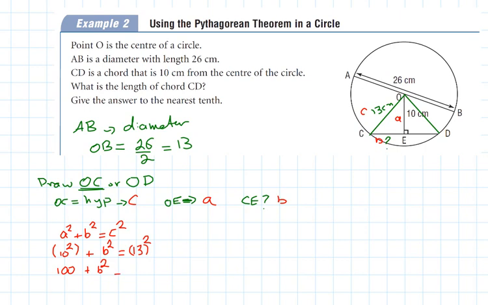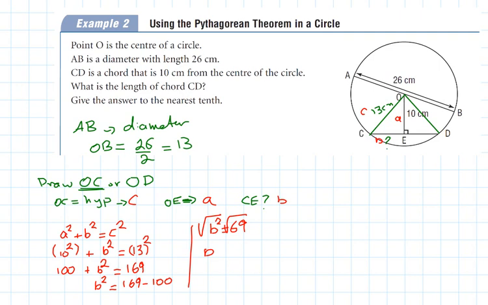Always use a calculator to double check. So B squared is equal to 169 minus 100. B squared equals 69. So now, of course, we need to take the square root of both sides.